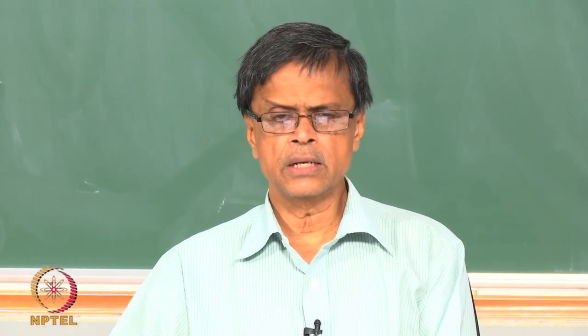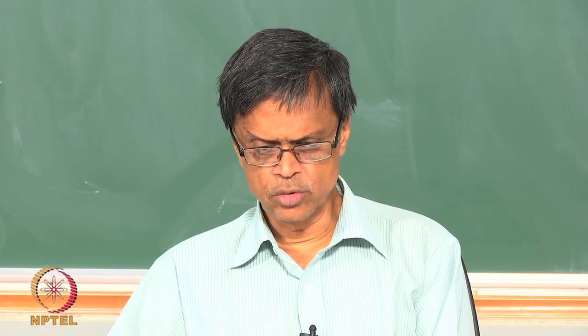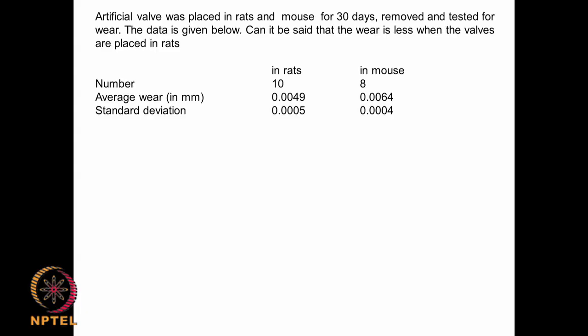So the null hypothesis will be mu rats is equal to mu mouse, the alternate hypothesis will be mu rats less than mu mouse. That is the alternate hypothesis, at 99 or 95 or whatever you fit. This is what I have said: H naught, mu rat is equal to mu mouse, and mu rat is less than mu mouse. So we are talking about a one tail test.